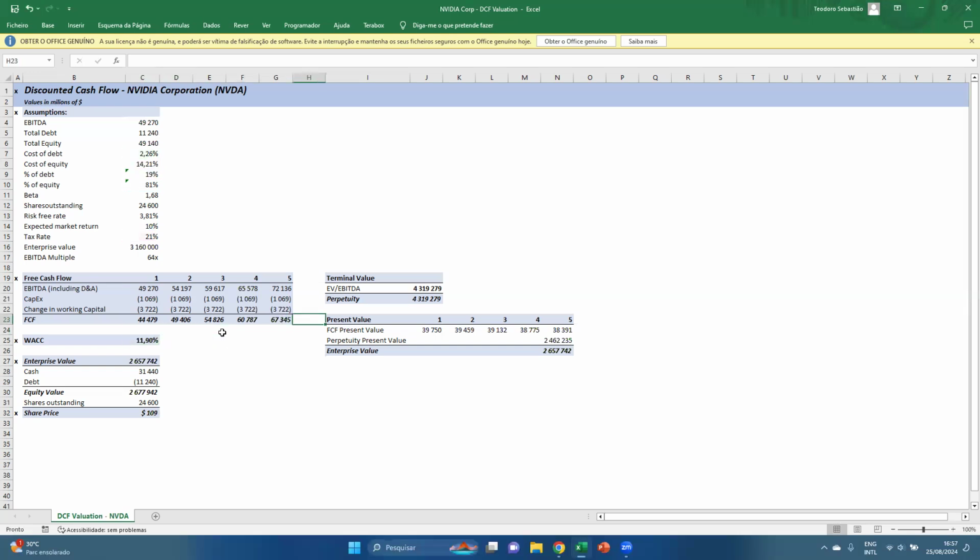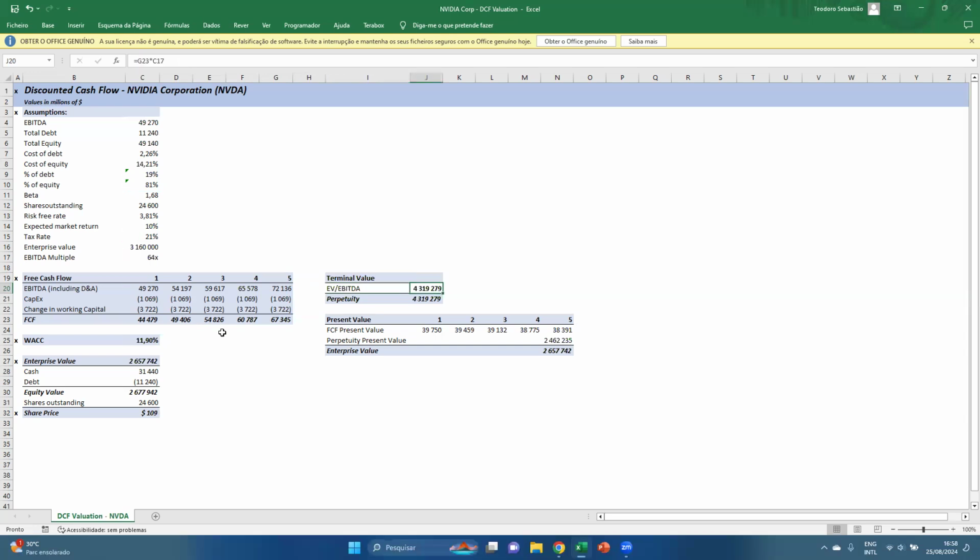Then you're going to have the terminal value. Here I use the method that we calculated based on the EBITDA multiple, but you can also use the growth rate method that I'm going to cover in the next videos.